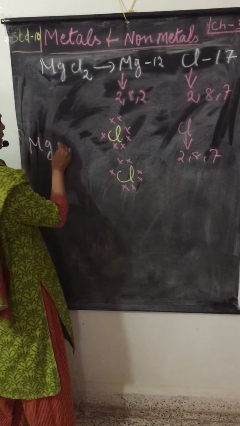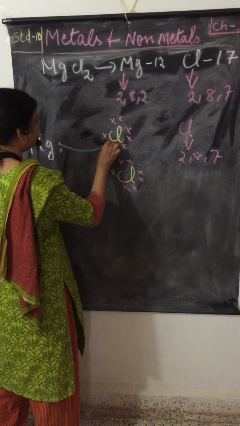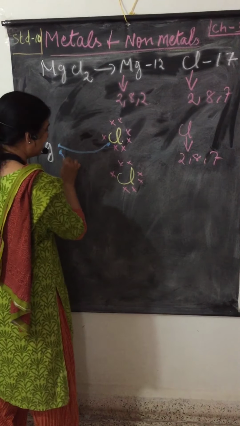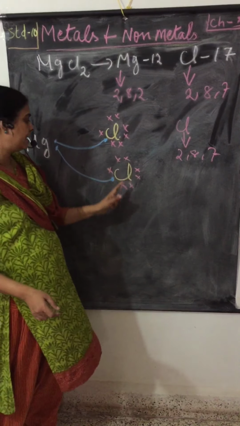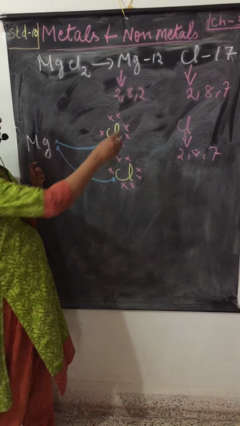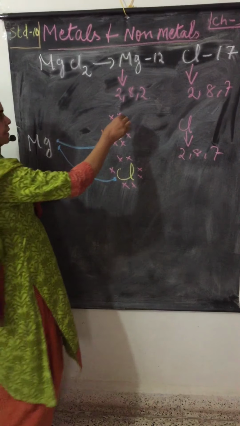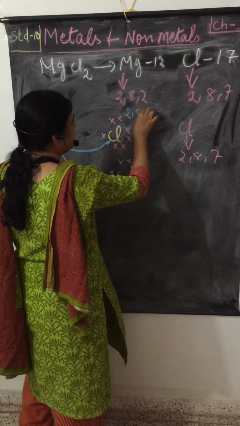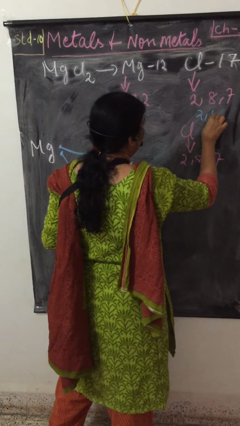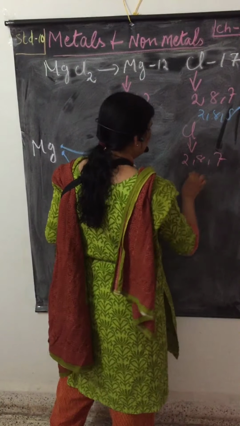Now magnesium will give 1 electron to this chlorine and another electron to the other chlorine so that chlorine has 8 electrons and magnesium has a 2, 8 configuration. After losing electrons, magnesium becomes 2, 8 and each chlorine becomes 2, 8, 8.